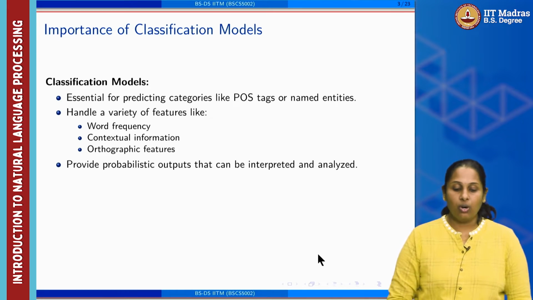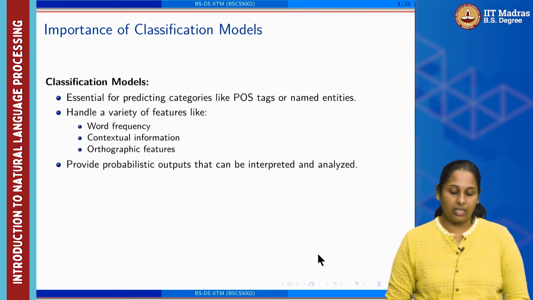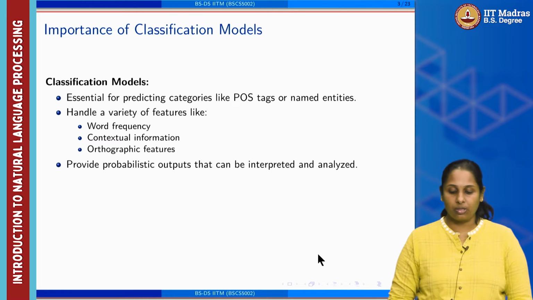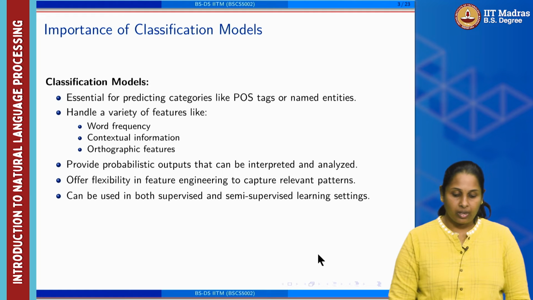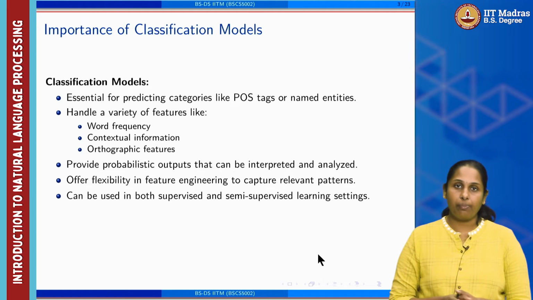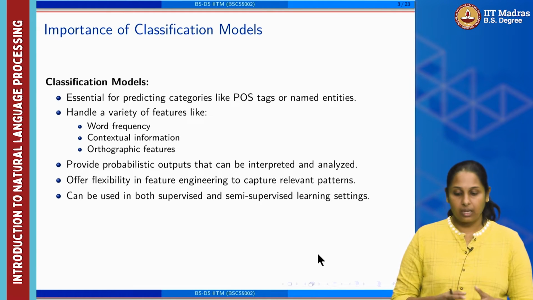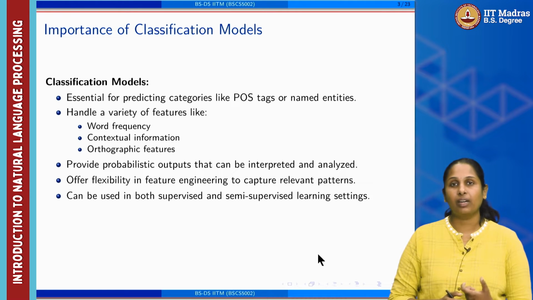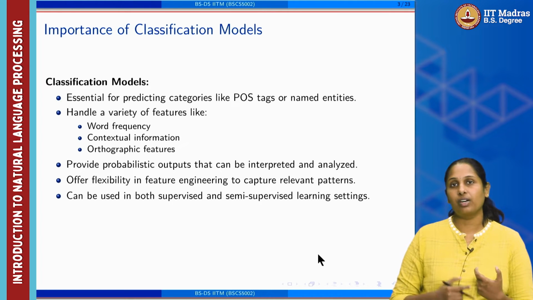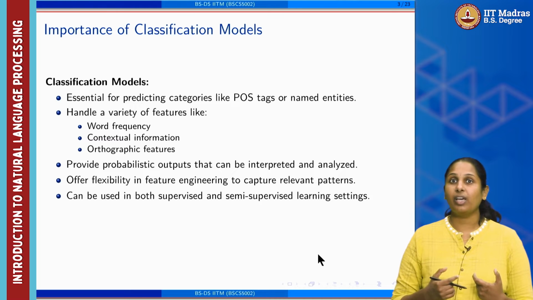The classification model gives us probabilistic outputs that can be interpreted and analyzed at a later stage. It also gives us flexibility, so that features that are important to predict a particular word and its tag can be identified.